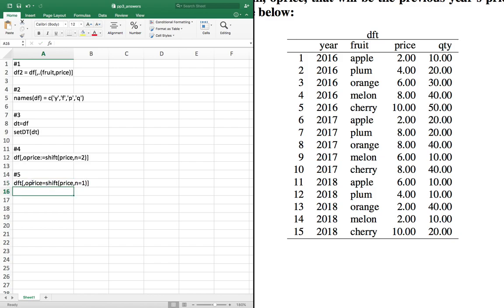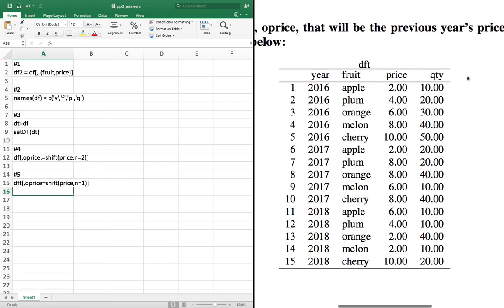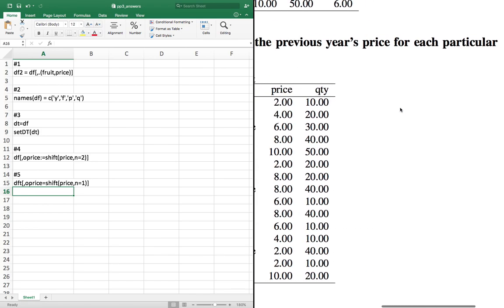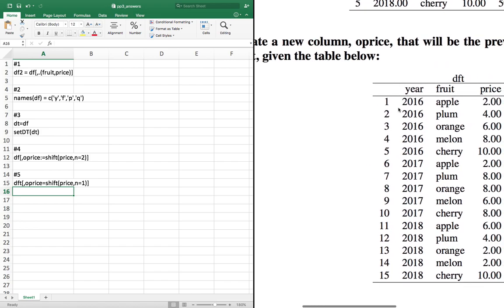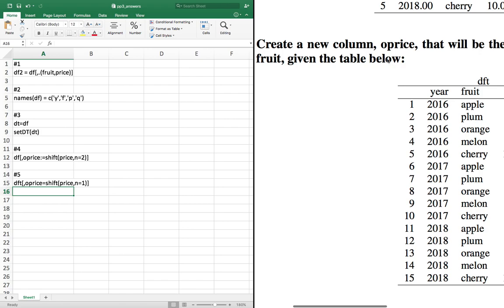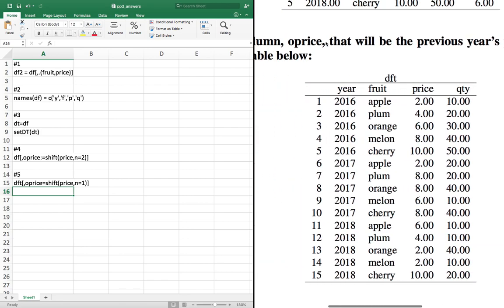The reason is that all it's going to do is create a new column old price and shift by 1 wherever the price is. So the first row would be NA, the second row would have the value 2, the third row would have the value 4. That's not what the question is asking for. It's asking for the previous year's price for each particular fruit.